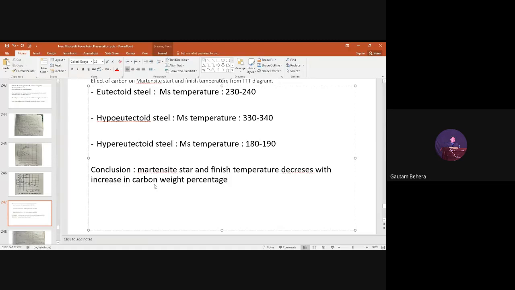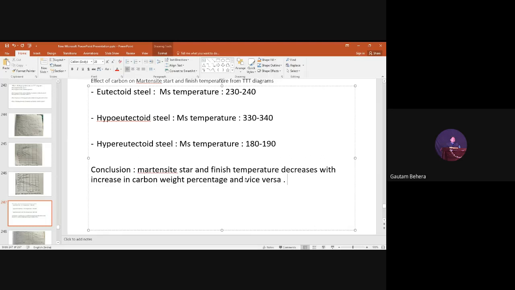Can you people tell me, can you correlate this one with the problem we'll face in case of high carbon steel? The MS will be very low. No, that's fine. That's fine. But in terms of the property, suppose you are doing hardening, then what kind of problem you'll face?